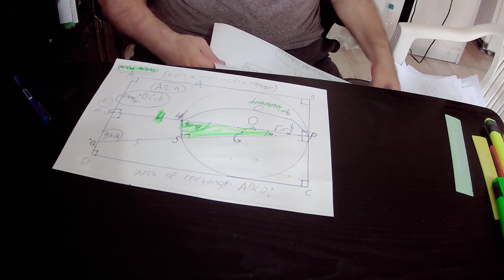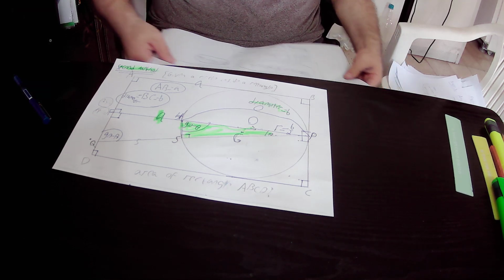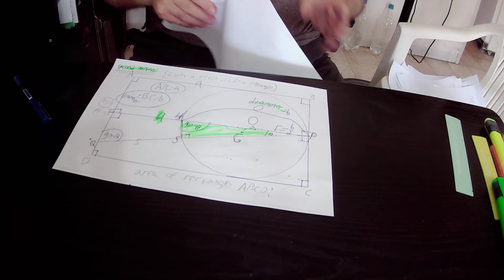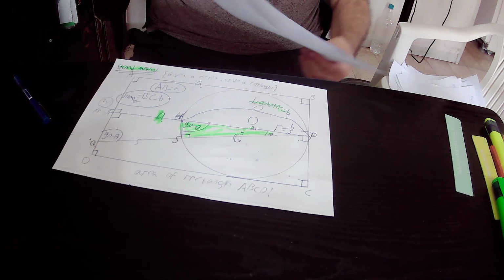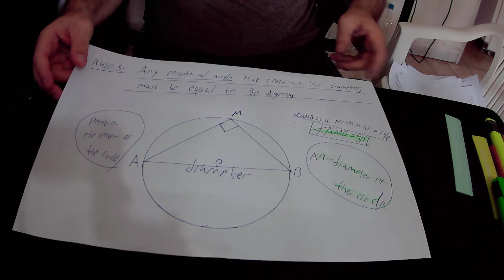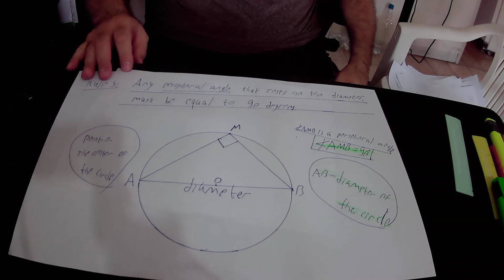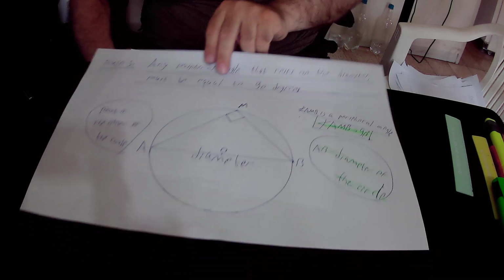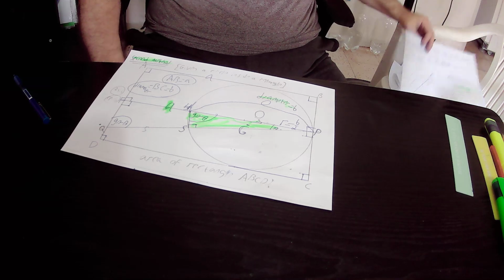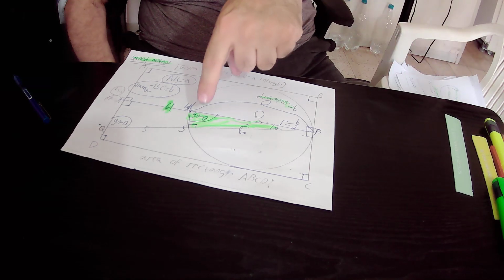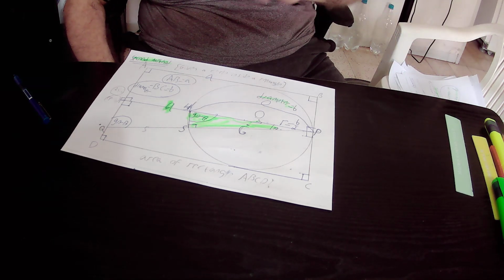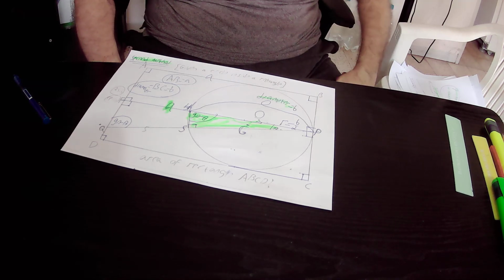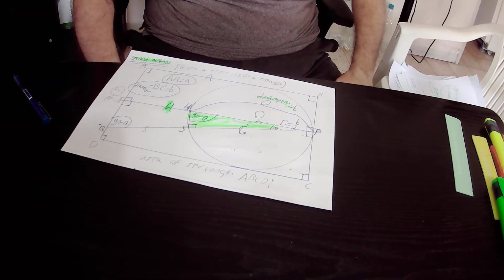According to the second method, we use the rule that states that any peripheral angle that rests on the diameter of the circle is equal to 90 degrees. So therefore, peripheral angle HSP, which rests on the diameter HP of the circle, must be equal to 90 degrees.